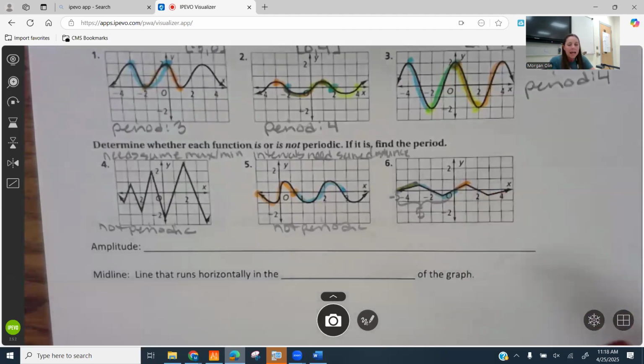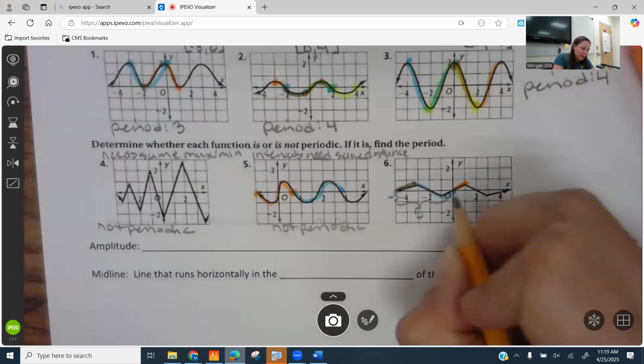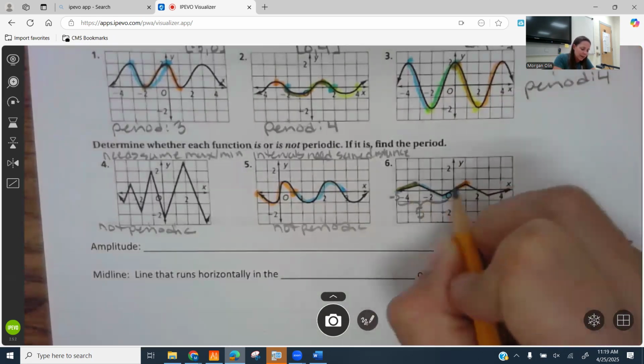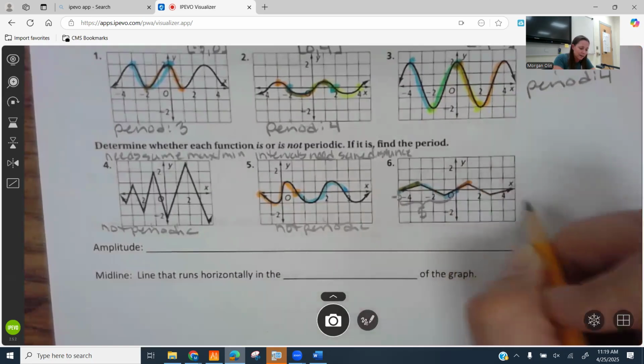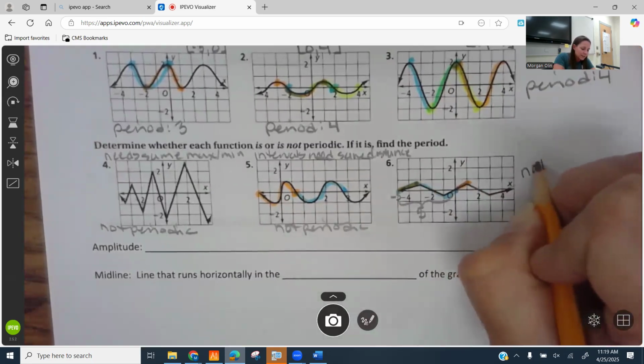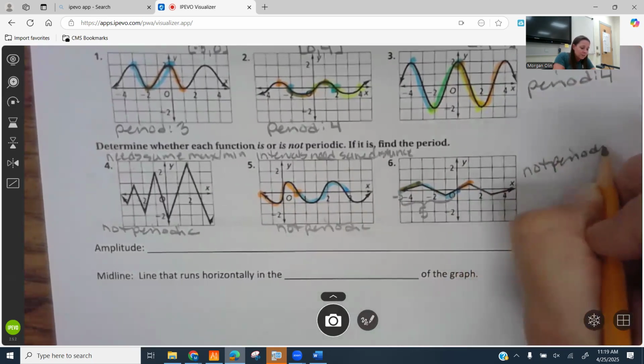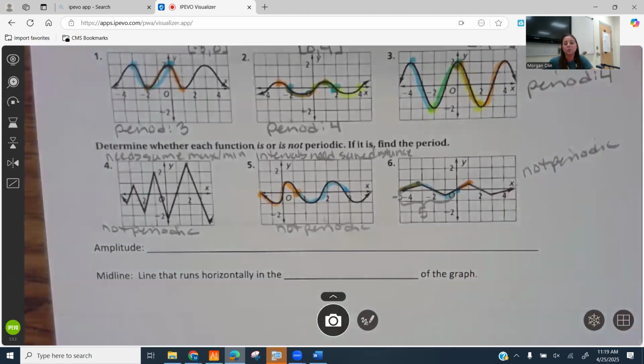Although it looks like at first it is periodic, this one is not necessarily periodic, because this cycle right there is not the same thing as that. So here it is not periodic. Sometimes it is hard to see these things. So you really have to dive in and look at it, especially when they have the same max and mins.